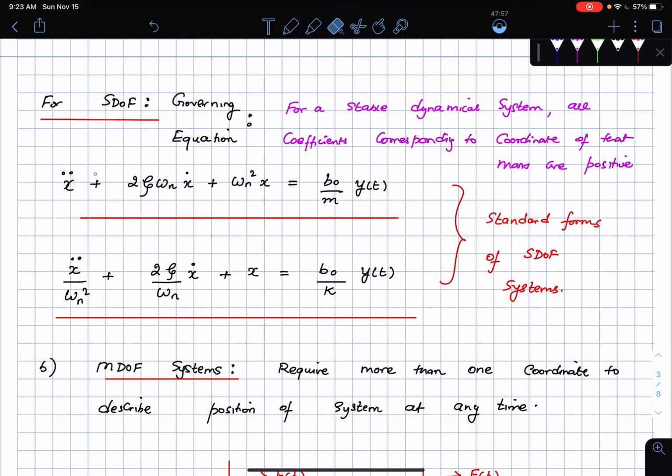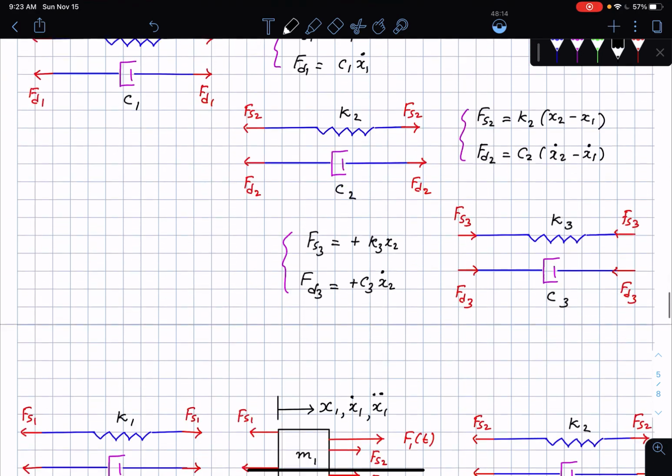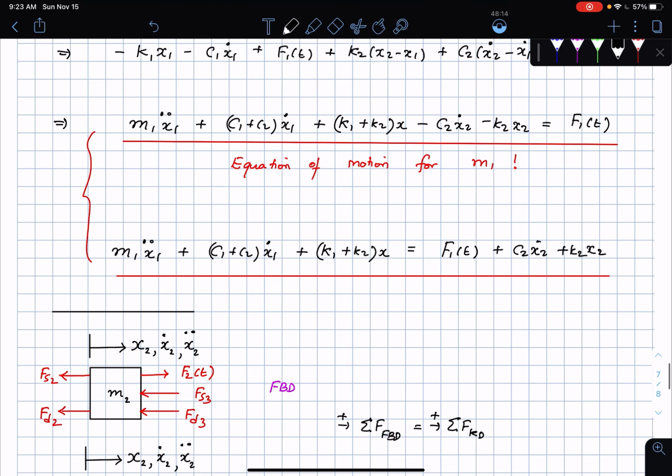I mean by these terms here, so this one here, and then that one there. It has to correspond to its coordinate, the coordinate of that mass, which in this case is only one coordinate, x. But if I go to a 2 degree of freedom system where you have done the same thing, I want to point that out. In this case as well, you look at this and you look at this.